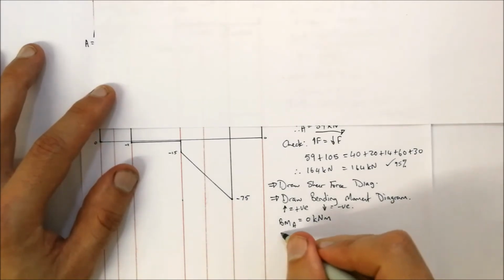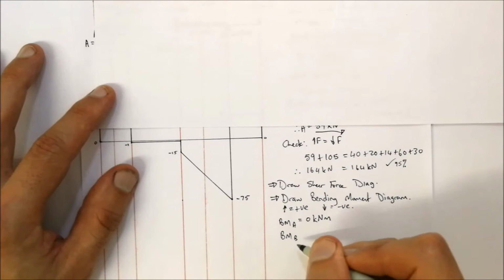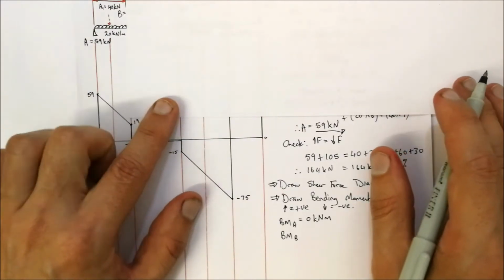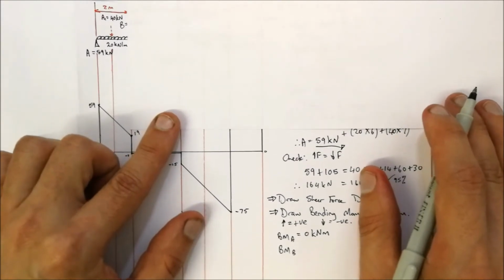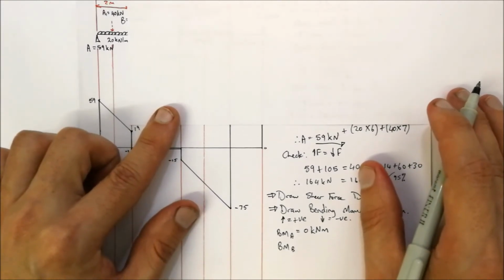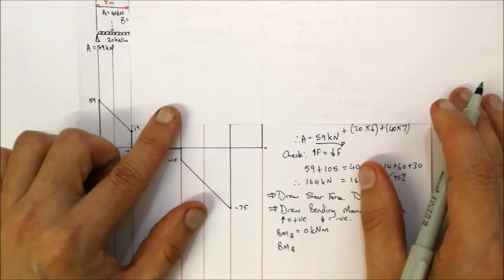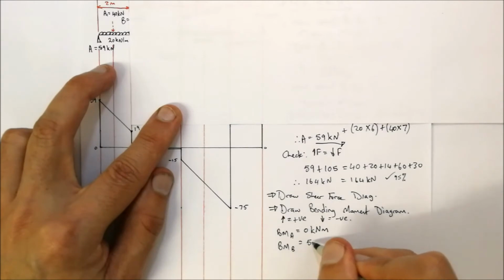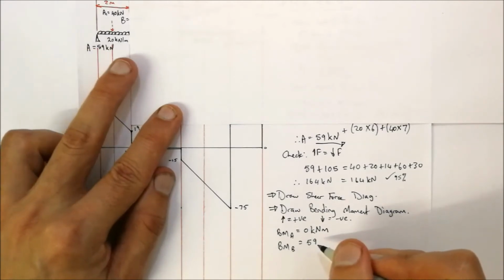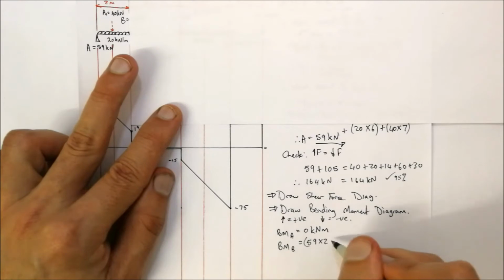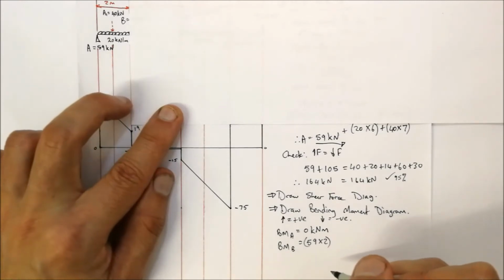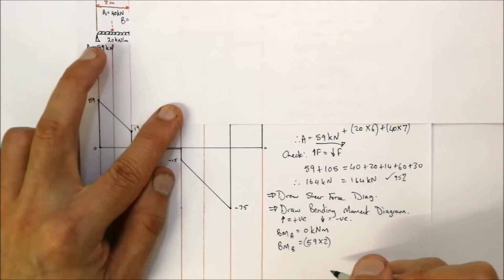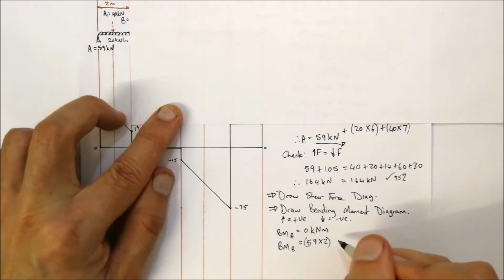Okay, let's look at the bending moment for B. We place a sheet of paper over B and we look to the left of it. There we've got A, which is 59, and that is 2 meters away from B. But we've got A1, the distributed load, going downwards, so we've got to subtract that.